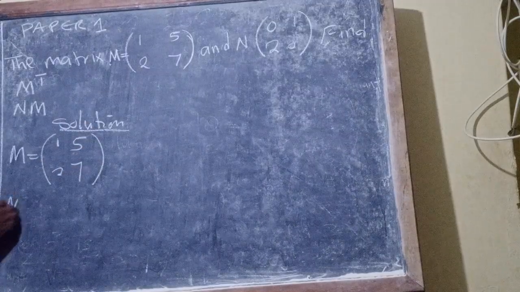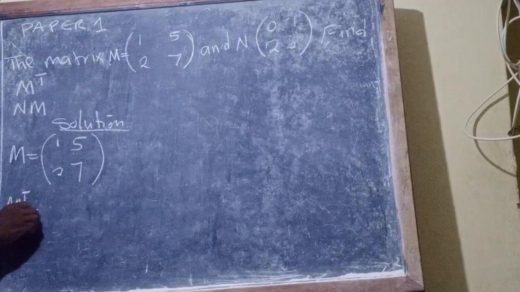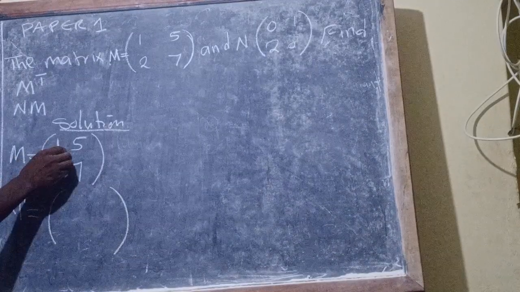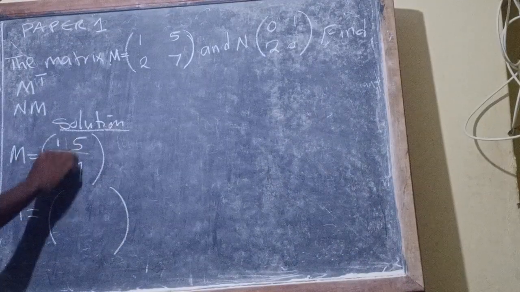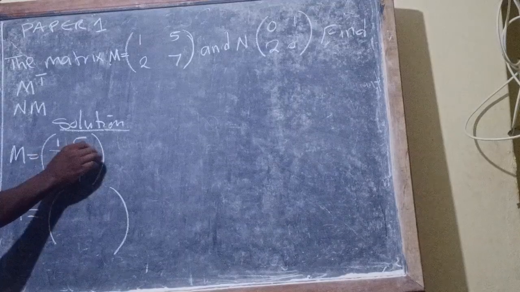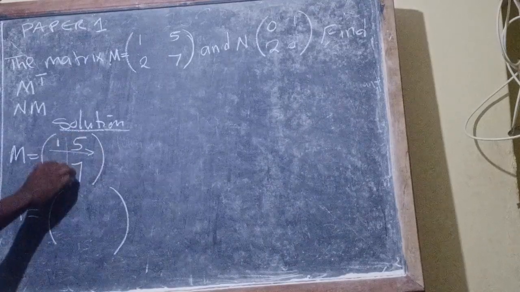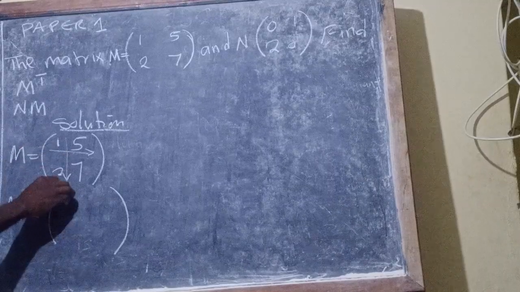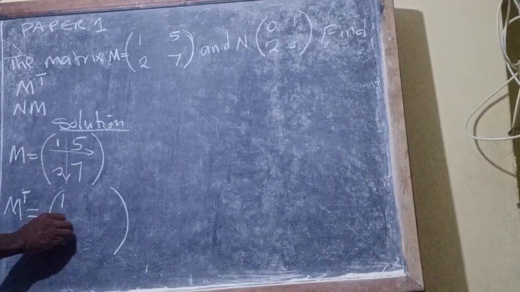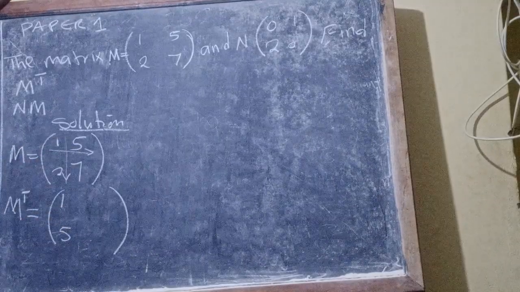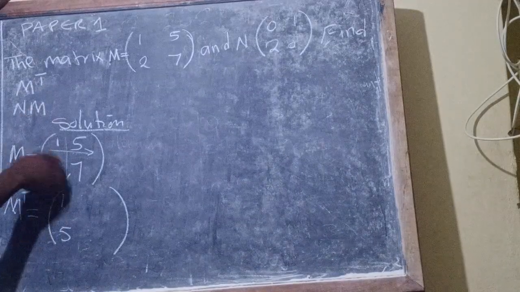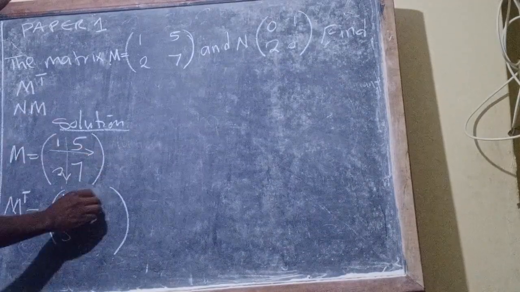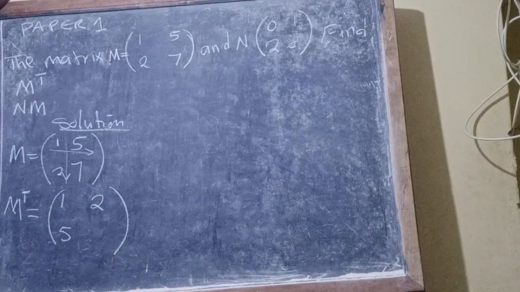Then they're telling us to find the M transpose. So in our M transpose, this is our row and this is our column. So this row is going to become our column on this side. That means we are going to have 1 here, then this 5 will come down here. Then this column will become our row, so we will have 1 here and the 2 will come here.